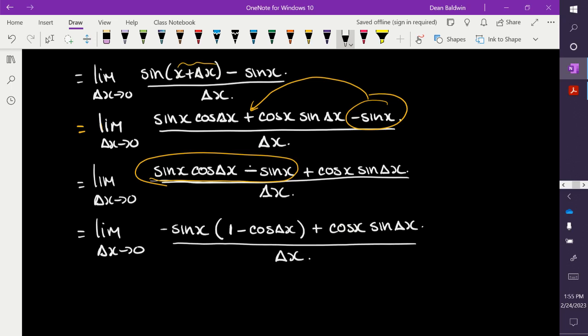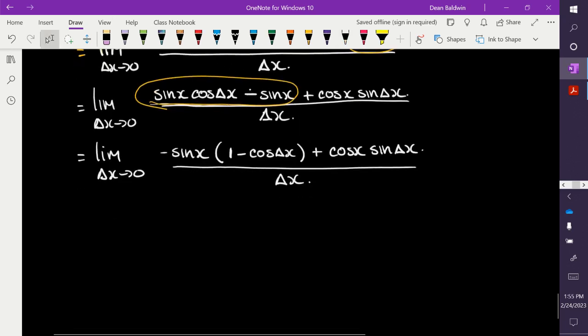Now, you want to break up the two functions. Split it through the middle here. So the delta x goes to both of these. So I'm going to get... Oh yeah, I'll do that after.